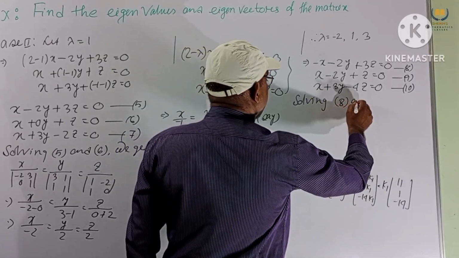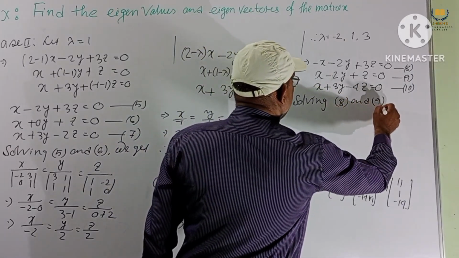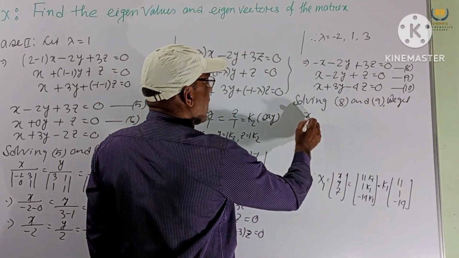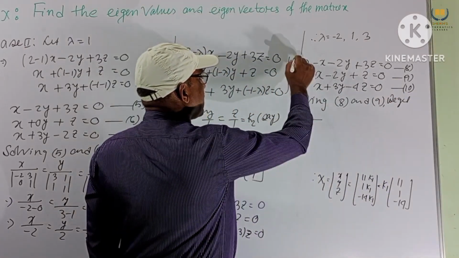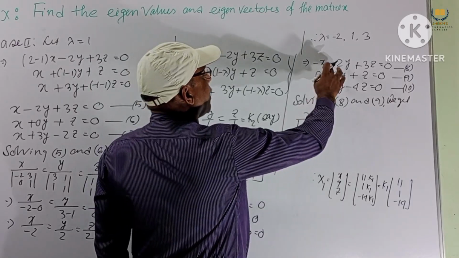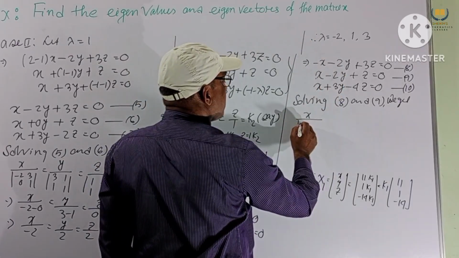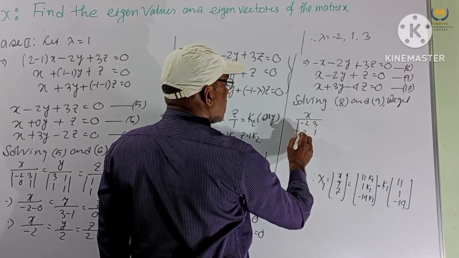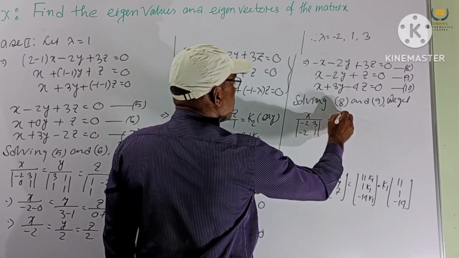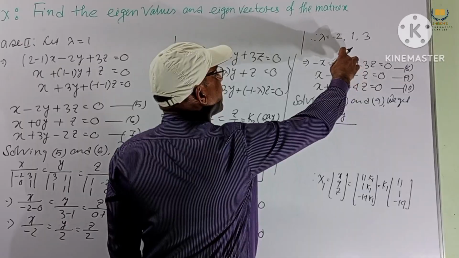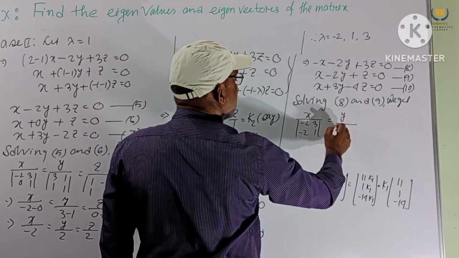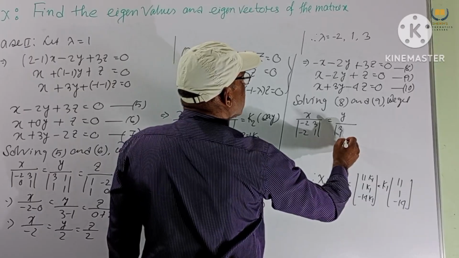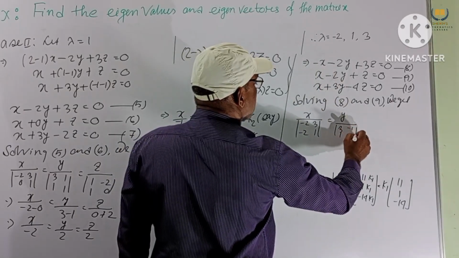8 and 9, we get x, then this is cancelled, minus 2 minus 2, 3, 1. Y, then this one cancels, 3, 1, minus 1, 1.